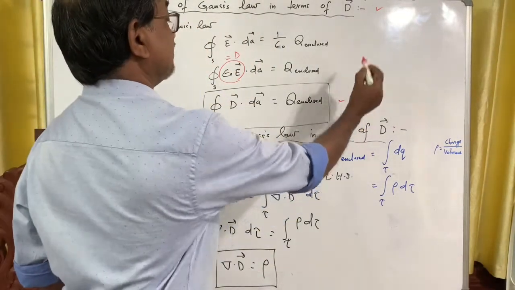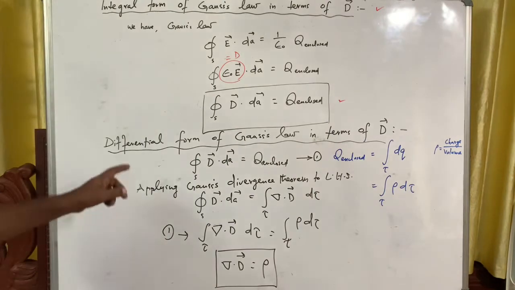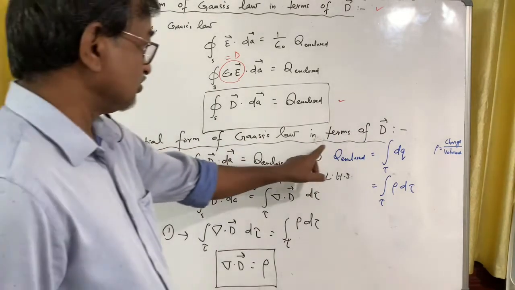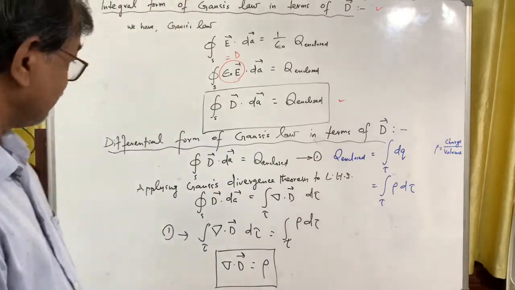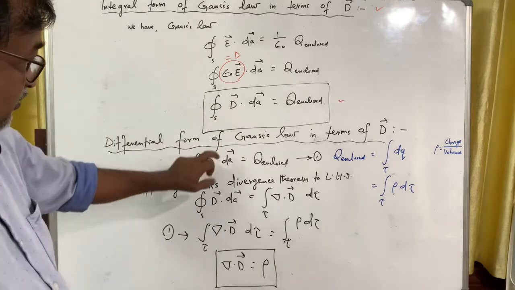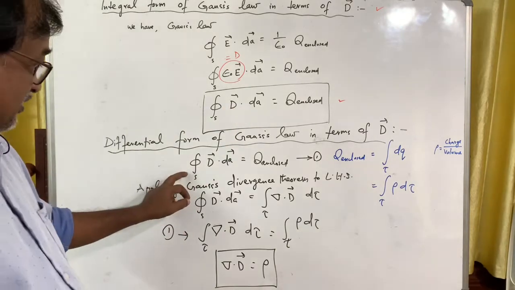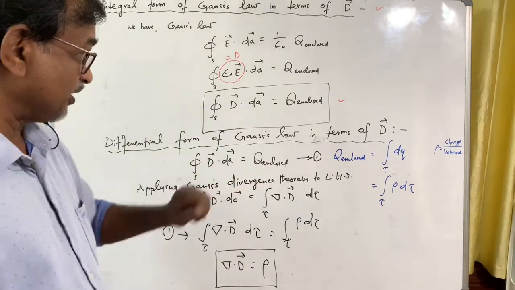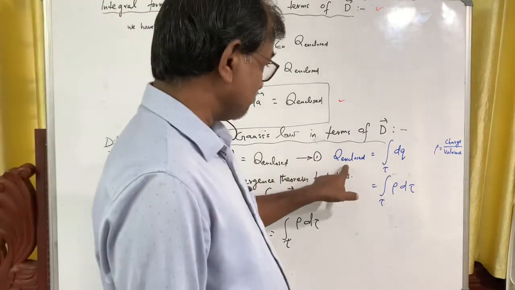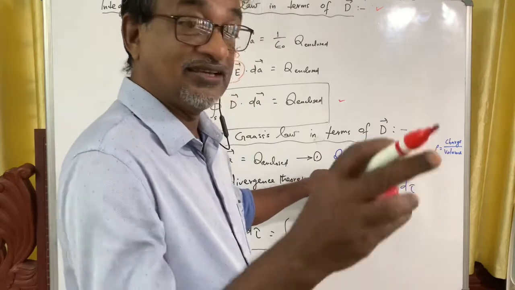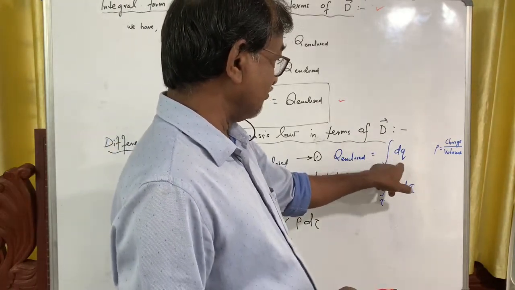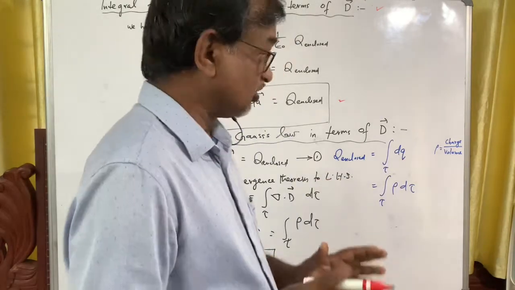Now let us find the differential form of Gauss's law in terms of D. For that, first of all, we take this equation, surface integral D dot dA equals Q enclosed. What is Q enclosed? Q enclosed means the enclosed charge within the Gaussian surface. That is equal to the volume integral of the charge.